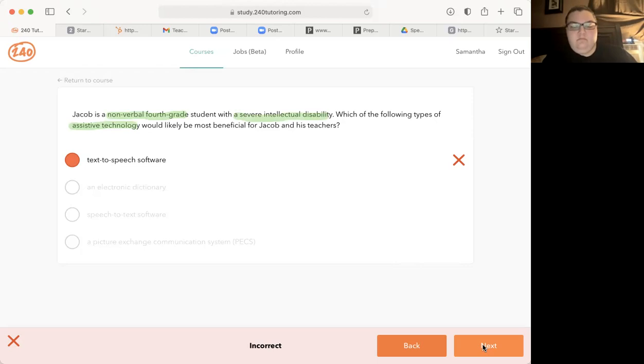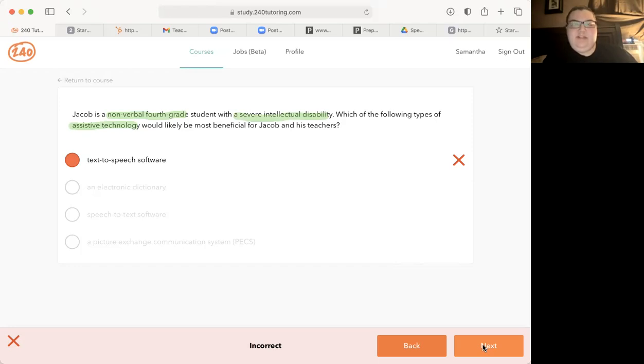And we're trying to understand whether they comprehend this reading passage that was read to them, because they're nonverbal. And so based on what I've just said, and we know they're nonverbal and they have severe intellectual disability, which do you think would be the most beneficial assistive technology for Jacob and his teachers?